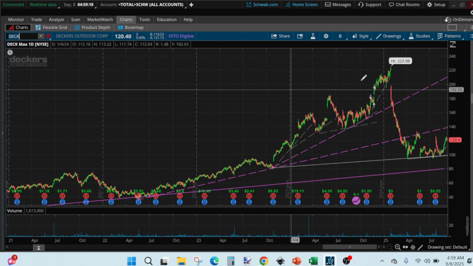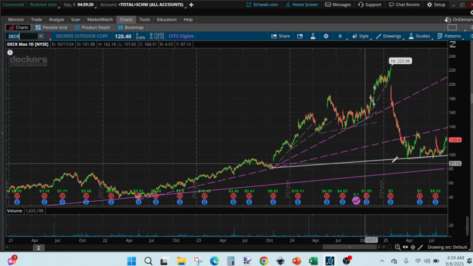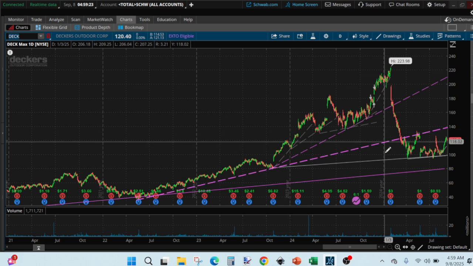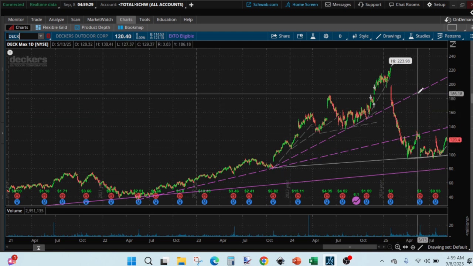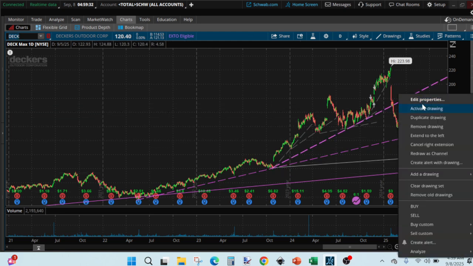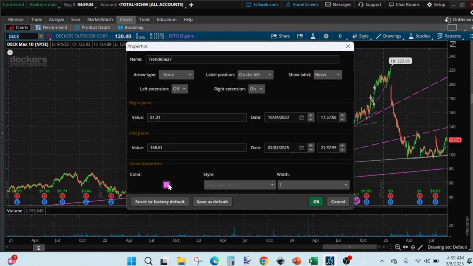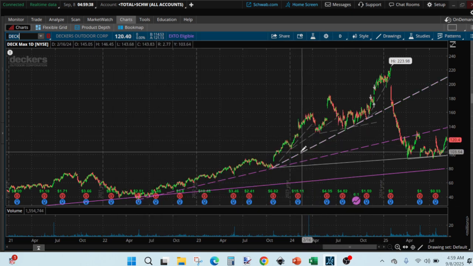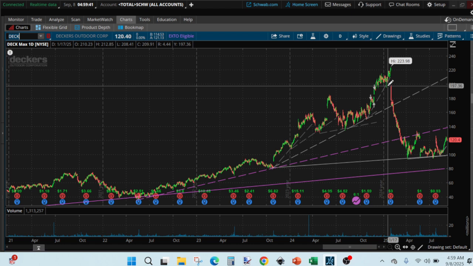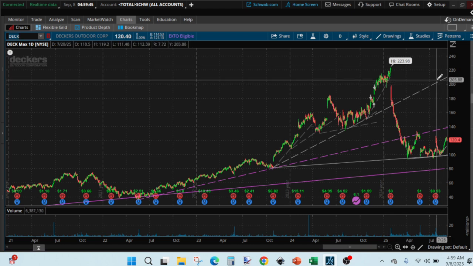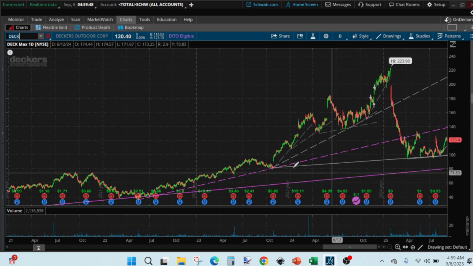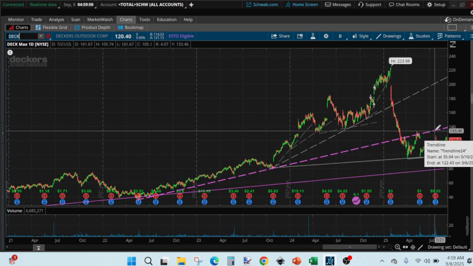So DECK, I will say, has two support lines here that we have in purple, and this one at this point I could put as gray because it is a support line for the upside of the mountain when it is going up. Therefore, we do not want to buy it on that line, but we will prefer to buy at the valley line, which will be this one.